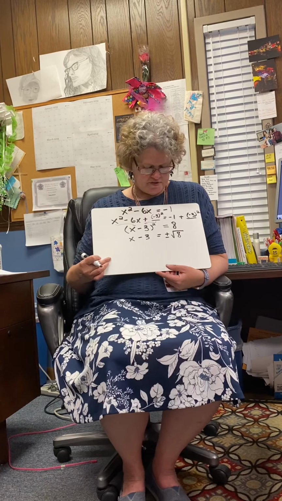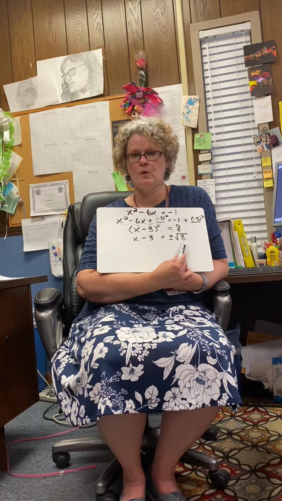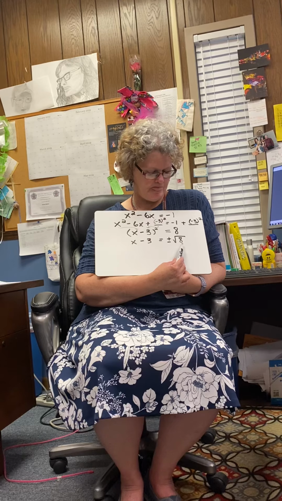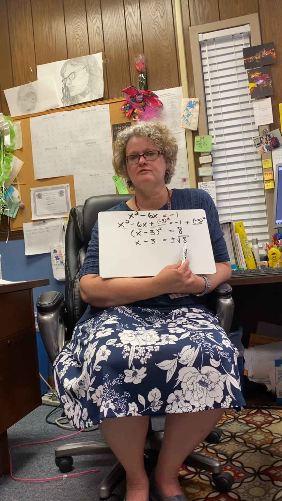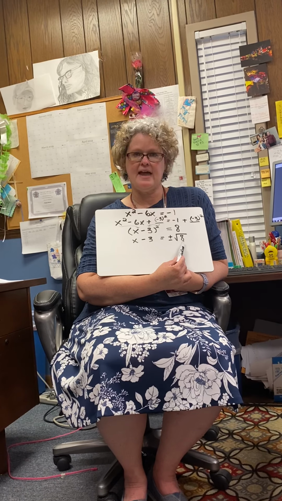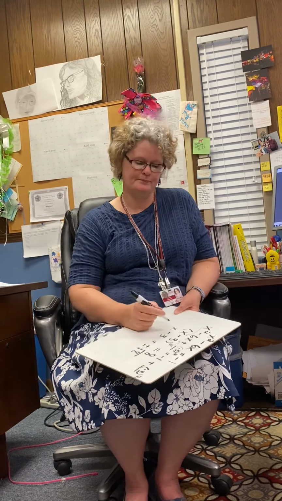Okay, so to continue solving this problem, we do want to simplify the square root of 8. Now, 8 is not a perfect square. However, 8 has a factor of 4, which is a perfect square. So we want to rewrite the square root of 8 as the square root of 4 times the square root of 2.